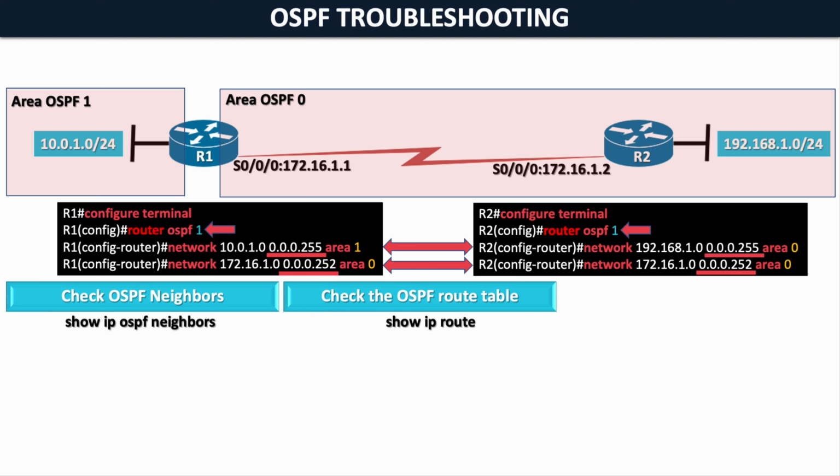If there is only OSPF running, then we should check all the networks it has to announce. If it is a multi-area topology, we should see if the areas are well connected to the backbone area, area 0. Because if this is not the case, then routers in this area will not be able to send and receive updates to other areas.